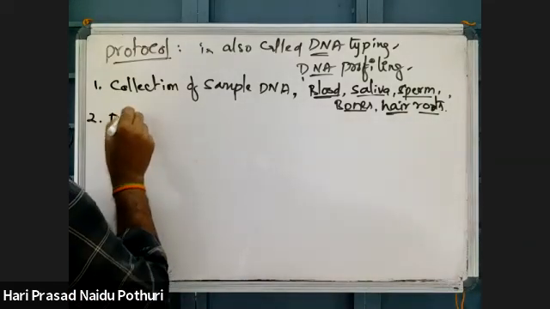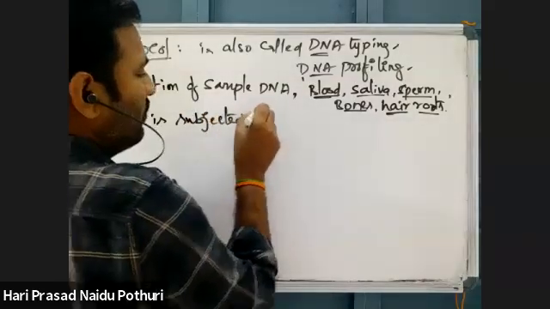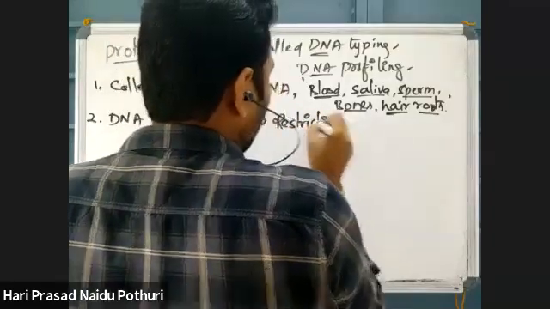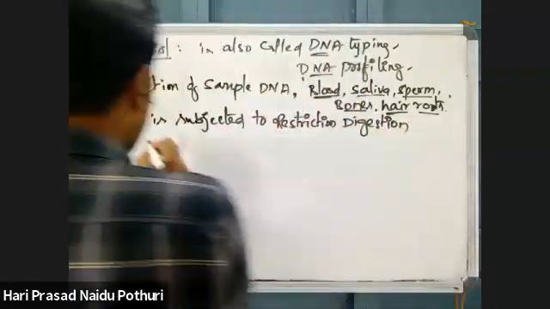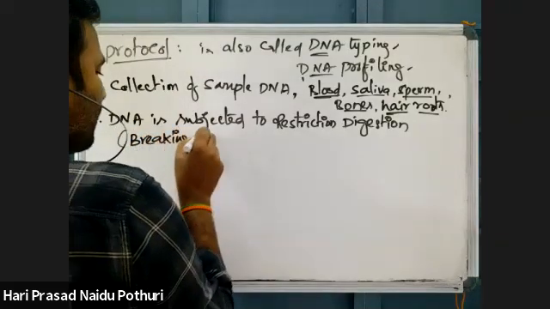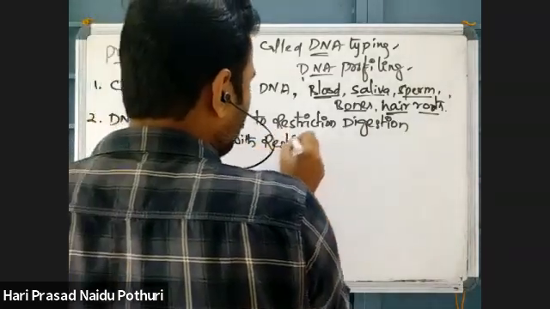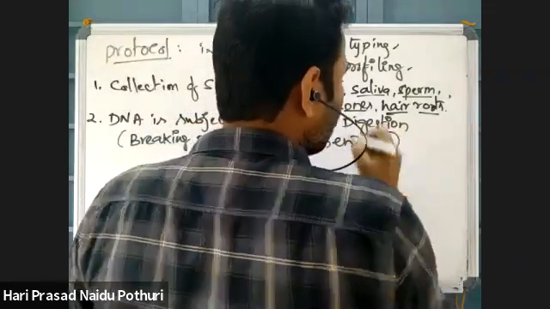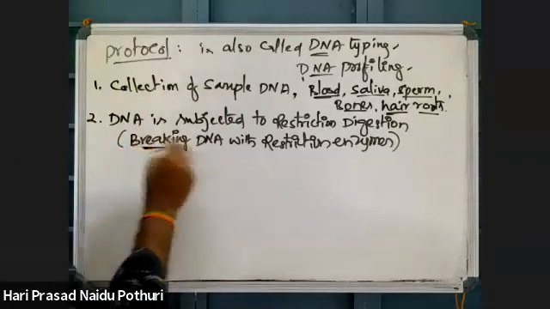Then the DNA is subjected to restriction digestion. What does restriction digestion mean? Breaking DNA with different restriction enzymes, restriction endonucleases. By using these restriction enzymes, the DNA molecule is cut.